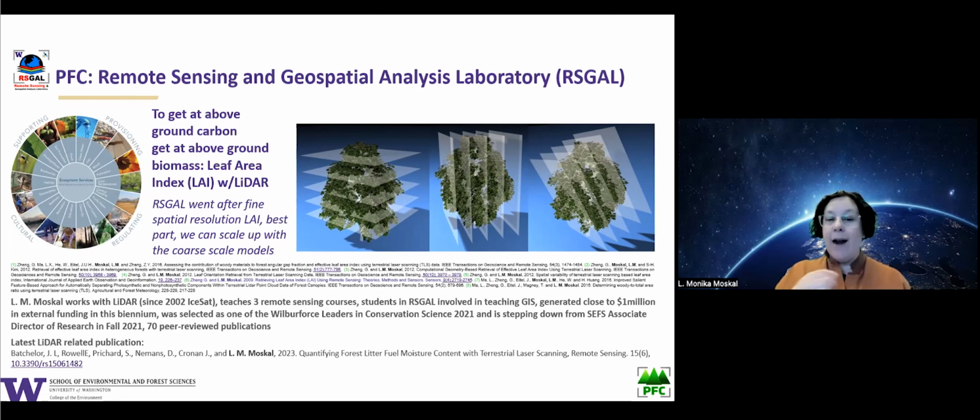So other LiDAR research within the lab, I've mentioned the quantifying forest litter for fuel moisture. I'm mentioning it again just to drive the point that the labs collaborate across labs. The other thing I want to tell you is this work is done by students.